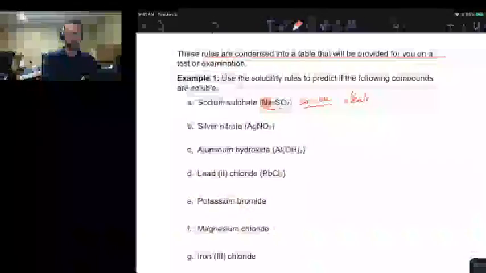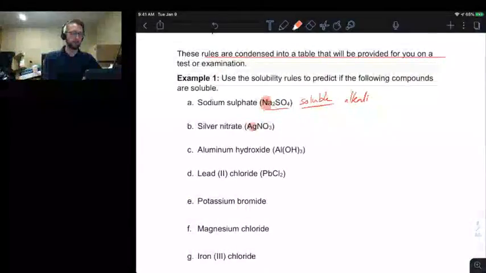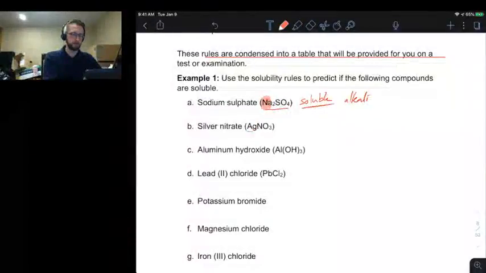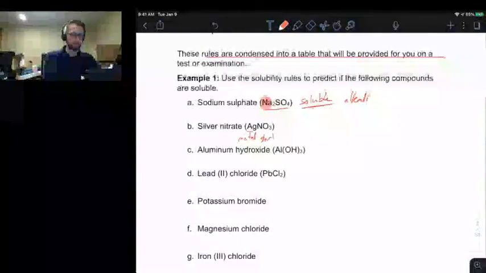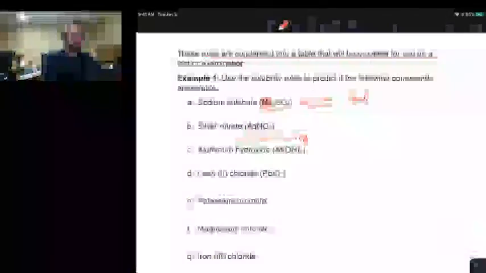Okay, I've got a silver. I've got to worry about silver. So that's a bad one. Silver's a metal. Metal, start to worry. But it is followed by a nitrate. Nitrates are good to go.